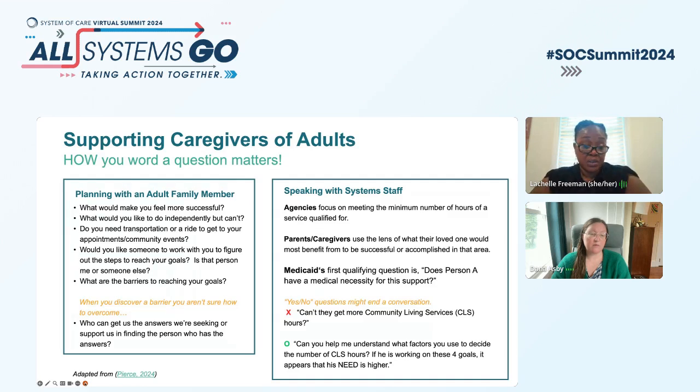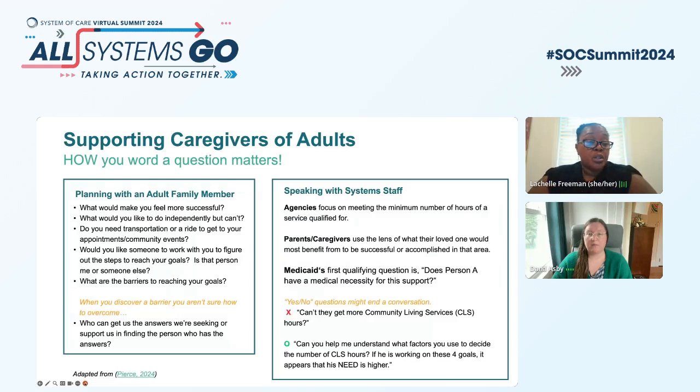Going to a community center, using your churches, trying to figure out what natural supports can help both you and the person you're providing care for to reach those goals. Because sometimes there are programs that we don't even know about, right? Everybody doesn't have the same access to information. So I think that families really need to be able to use natural supports as caregivers and caring for adults.